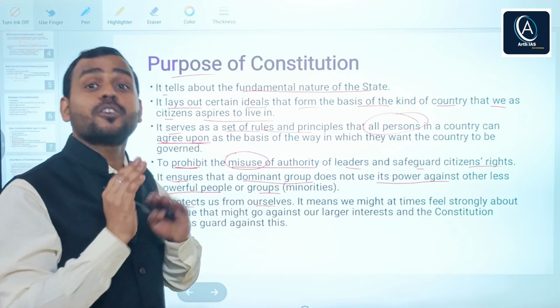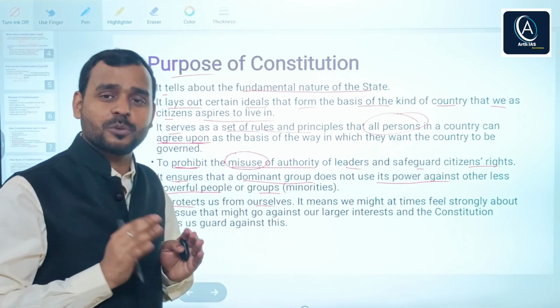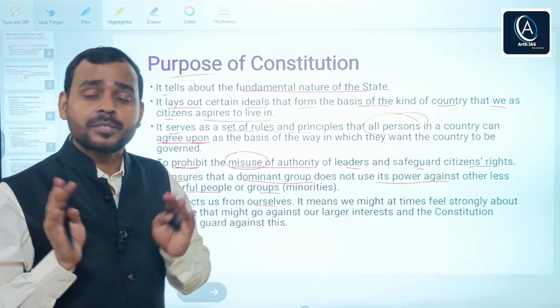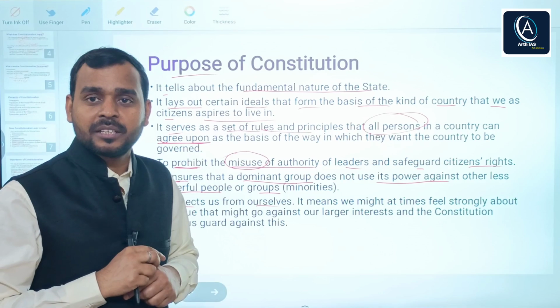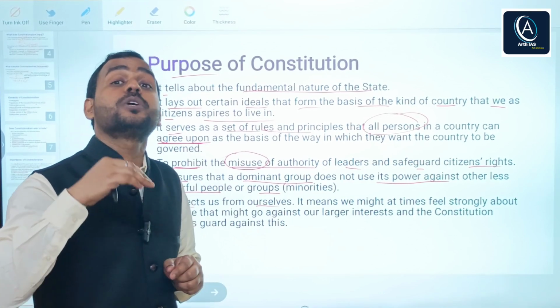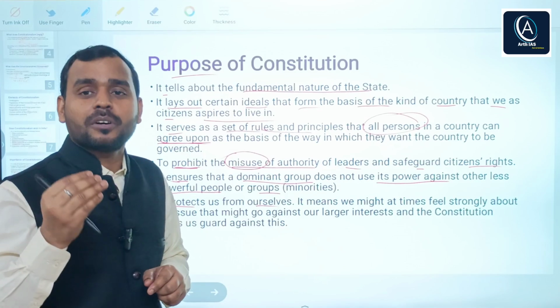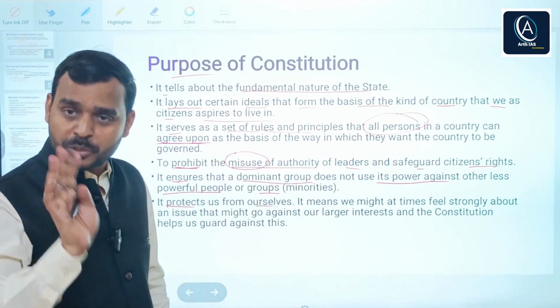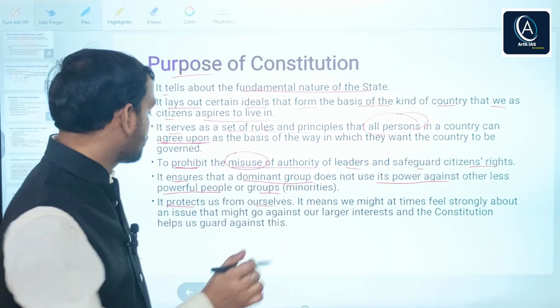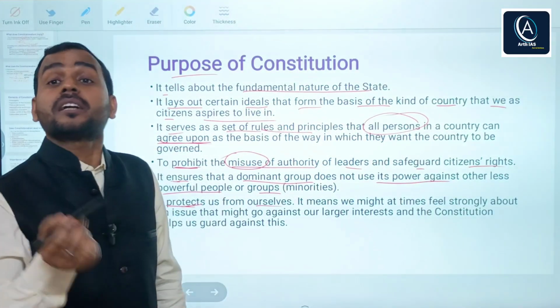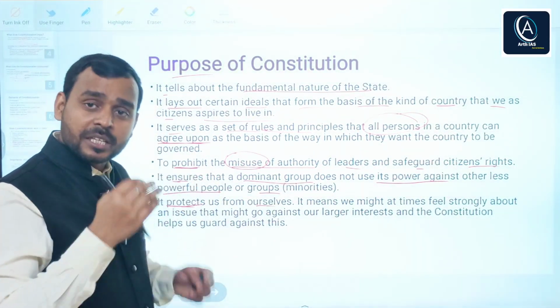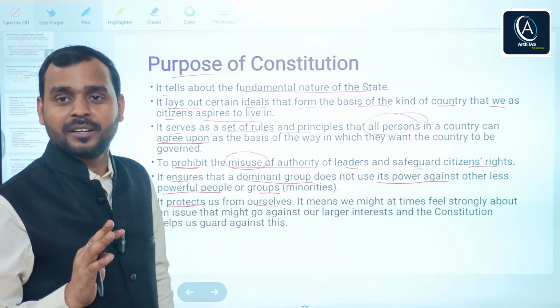They are not aliens, they are our people, that's why we have elected them. But what happens is that after entering the assembly or gaining power, they may start misusing power. So the constitution protects us from ourselves.